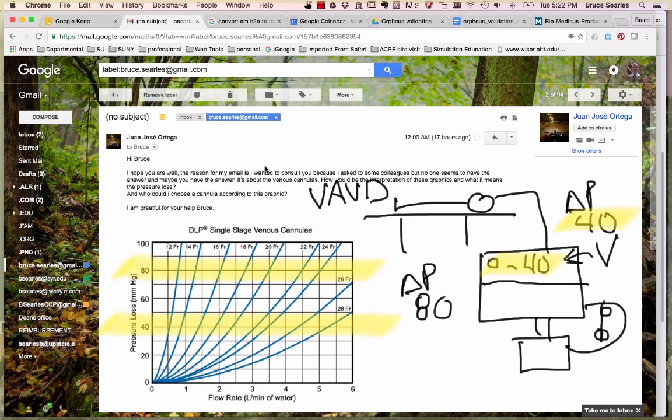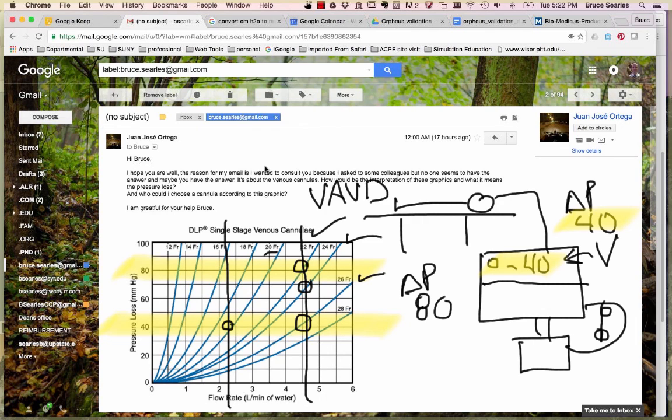If we were to look at our patient who needed 4.5 liters flow in a single cannula, then if we're only going to use gravity, we should pick a 26. If we're going to apply a little bit more vacuum, we could use a 24. And if we apply a lot of vacuum, we could get by with a 22. And if this patient was going to be bicavally cannulated, then if we only have gravity, we need a 20 French. We need 2 20 Frenches.